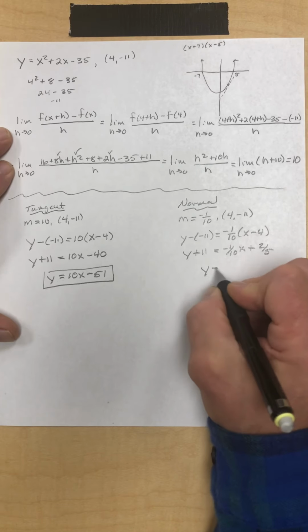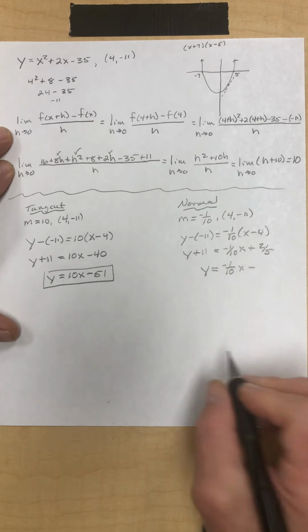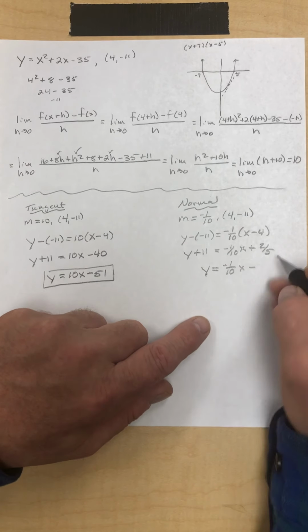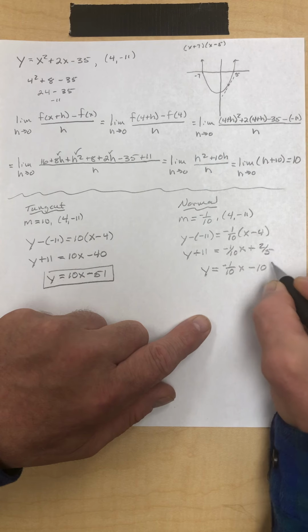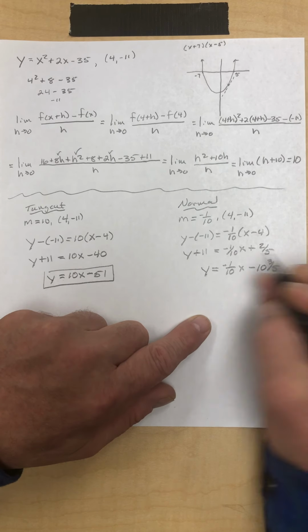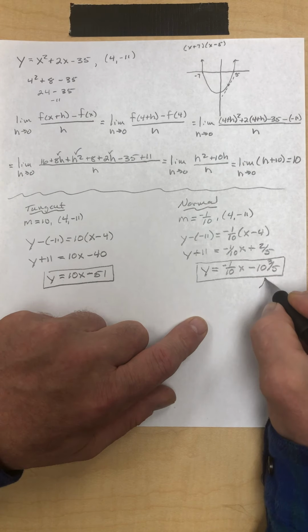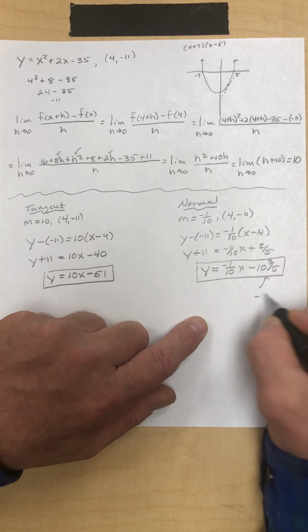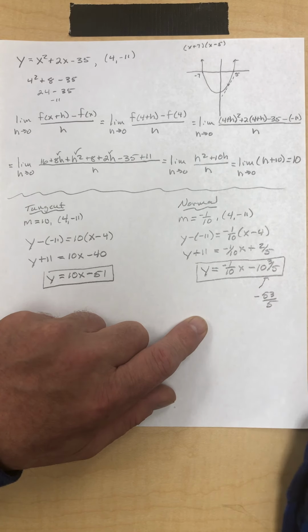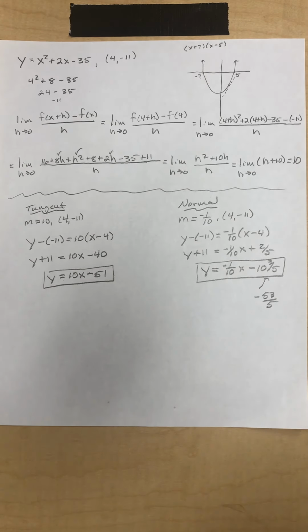So I get y equals negative 1/10 x minus, because I have to subtract 11 from both sides, so 2/5 minus 11, that'll be negative 10 3/5. And so we're good there. And again, if you wanted to write that as an improper fraction, we'd get negative 53/5. Yep, negative 53/5. Up to you. Second video's done.